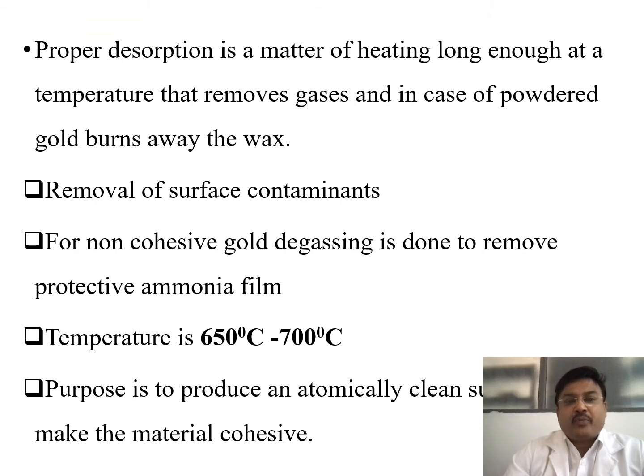The proper desorption is a matter of heating long enough at a temperature that removes gases, and in case of powdered gold, burns away the wax. Removal of surface contaminants for non-cohesive gold: degassing is done to remove the protective ammonia film. The temperature of the gold is 650 to 700 degrees centigrade. Purpose is to produce an atomically clean surface to make the material cohesive.